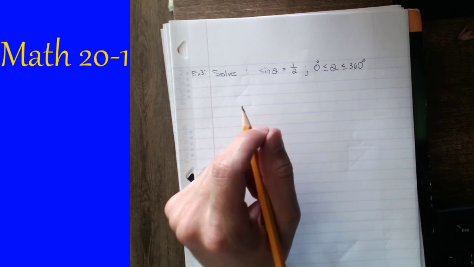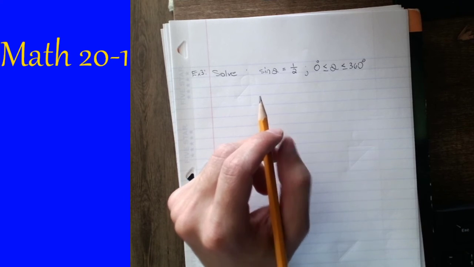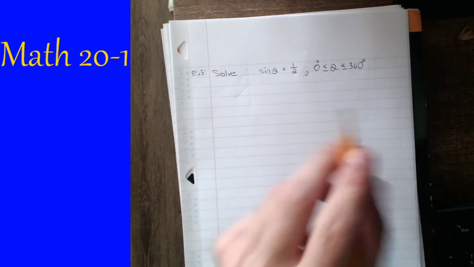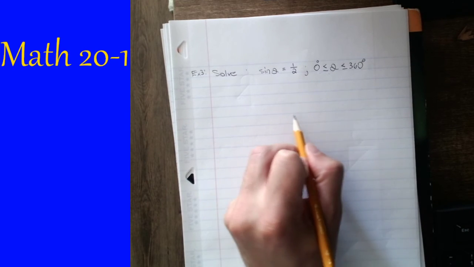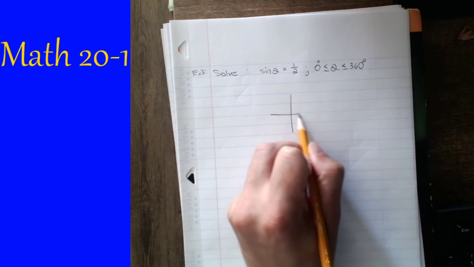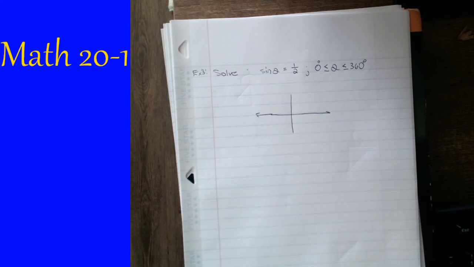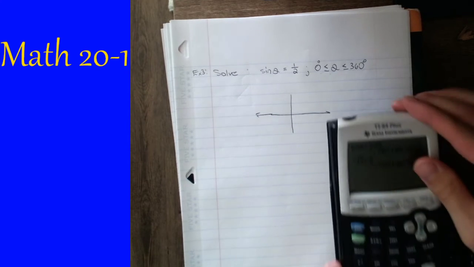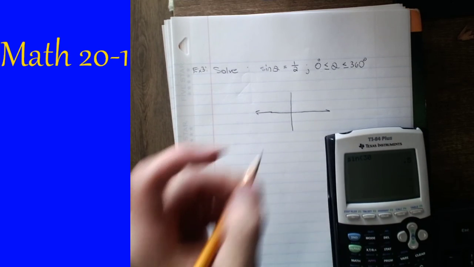So where is the sine 1/2? And again, this is just kind of memorized that in this coordinate grid, the sine of 30 is going to be equal to 1/2. And so you also check here, sine 30 is equal to 0.5.